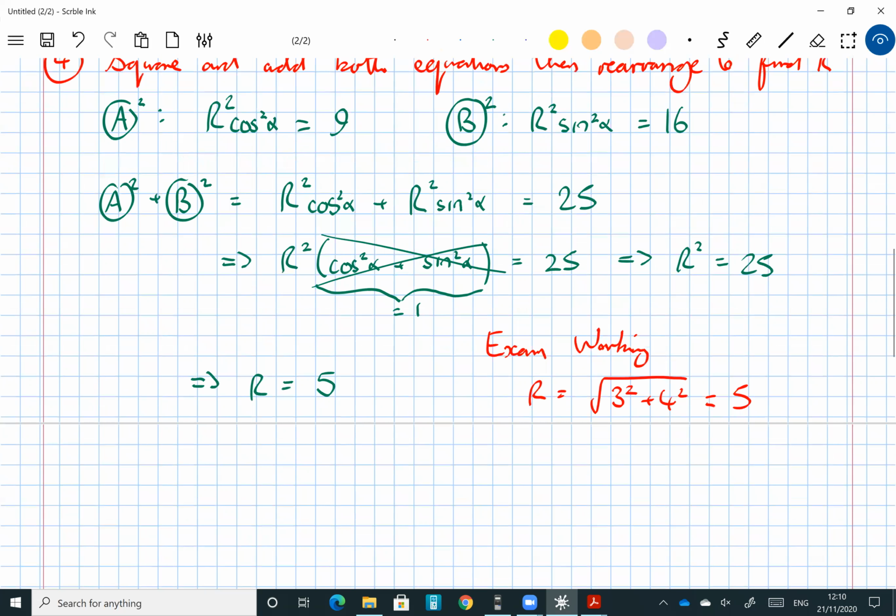So all this is unnecessary, but I just wanted to show you why it worked, because every single time, if you were to do it this way, the cos squared alpha plus sine squared alpha would equal 1, so we don't need it, and we'd always end up square rooting the sum of the squares of each of the coefficients. So that makes it quite easy.